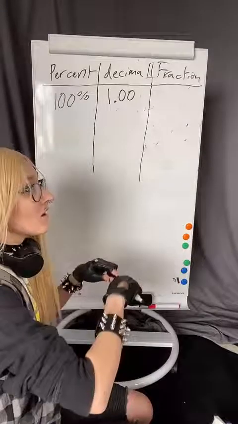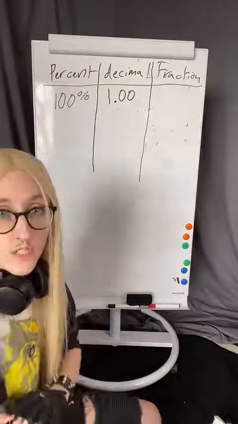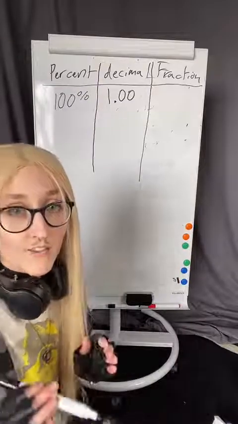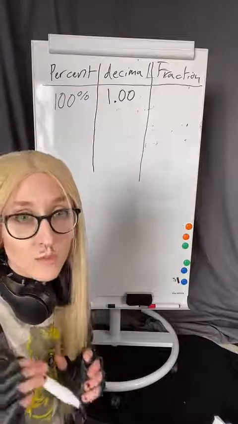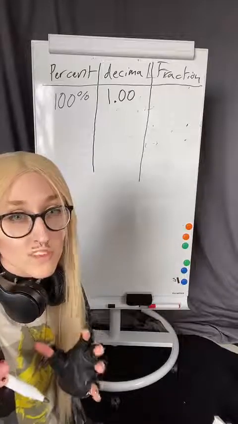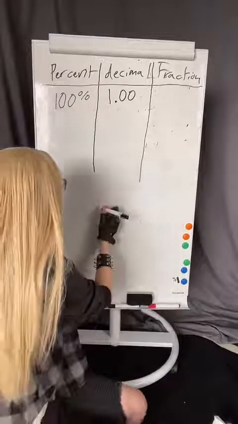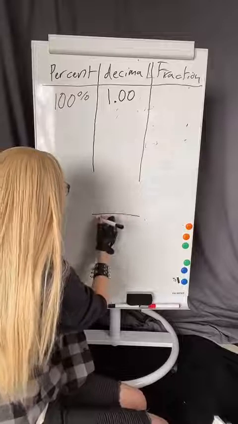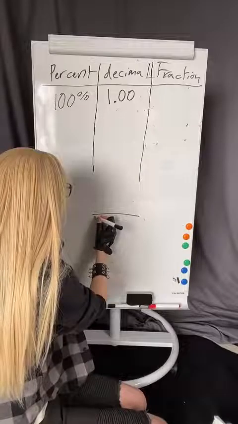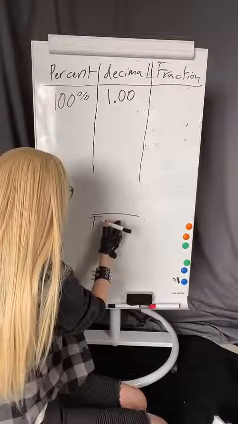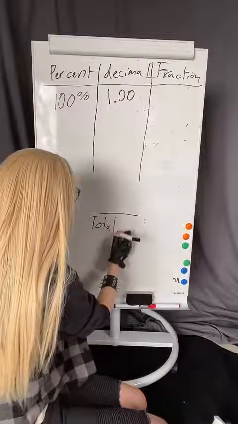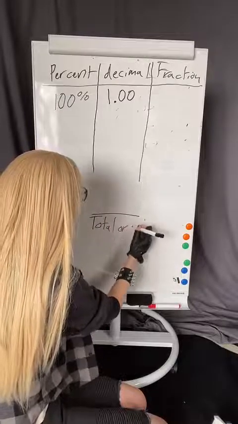All right. Now, to write that as a fraction, a fraction is really always saying, and I'll write this down at the bottom, the highest amount possible, so like the total or the most.